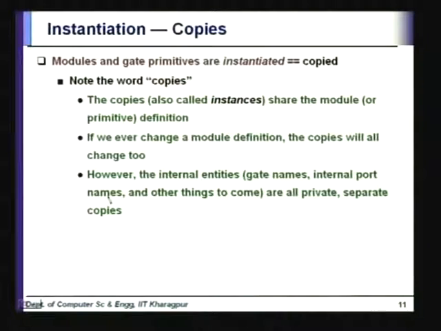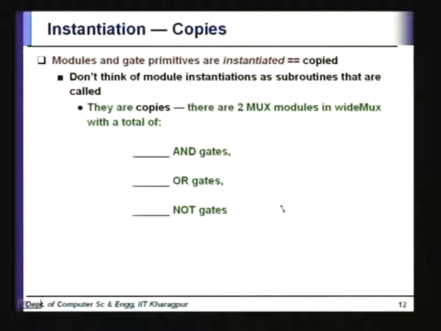However, the internal entities like the gate names, internal port names and other things to come are all private, separate copies. So if you think of this whole wide mux, there are two mux modules in it, and if you are asked to count the number of gates, then it is actually 4 gates. That is the sum of the number of gates in mux1 and mux2.